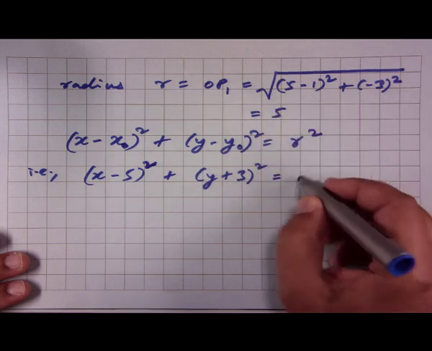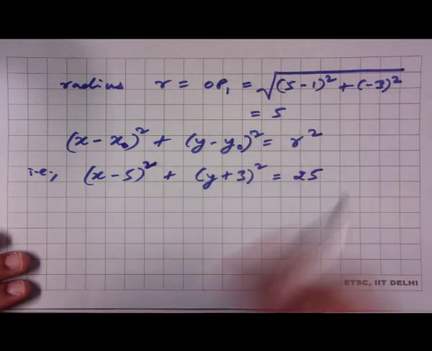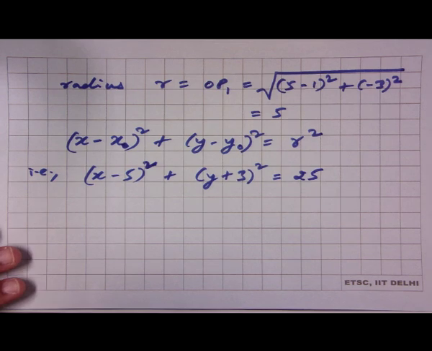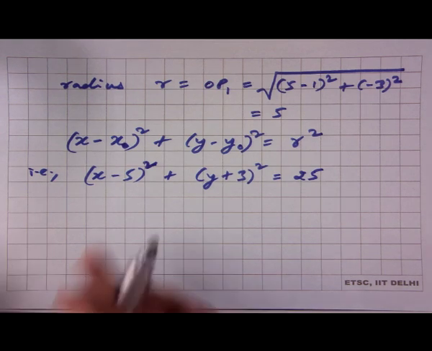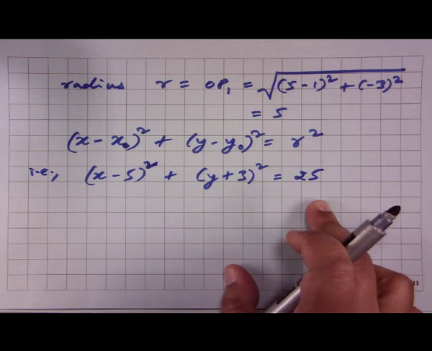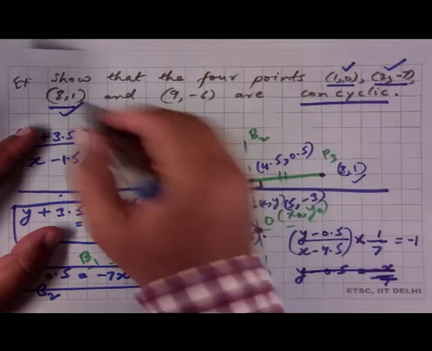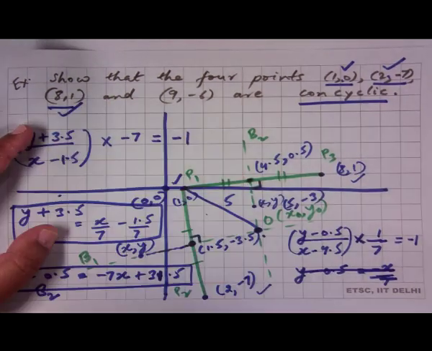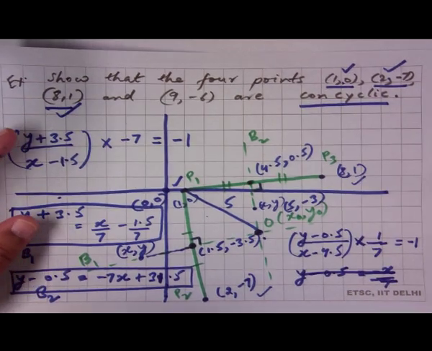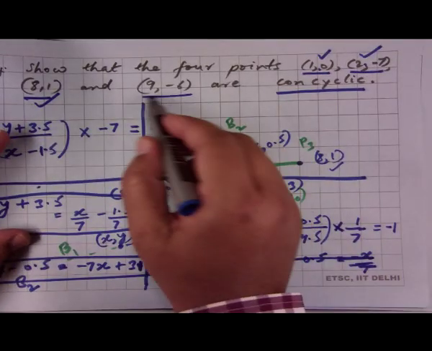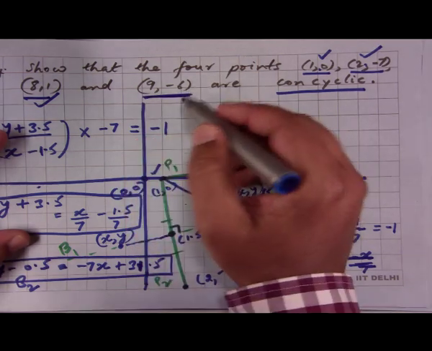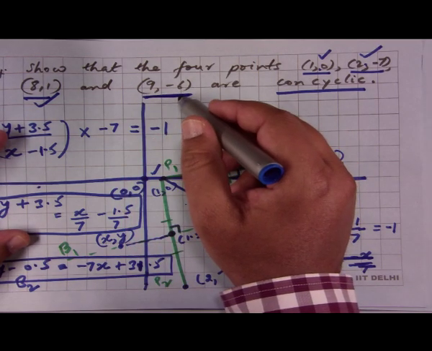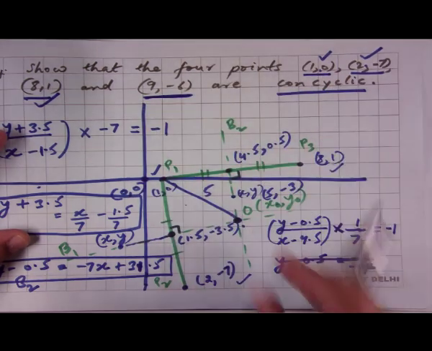R is 5, so r square is 25. So, this is the equation of the circle on which these 3 points lie. And now we just need to check whether this 4th point lies on this circle.